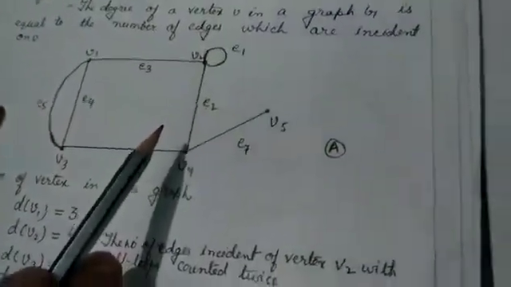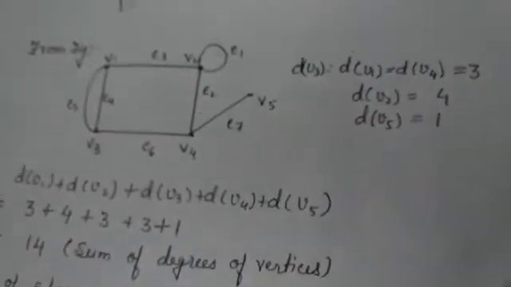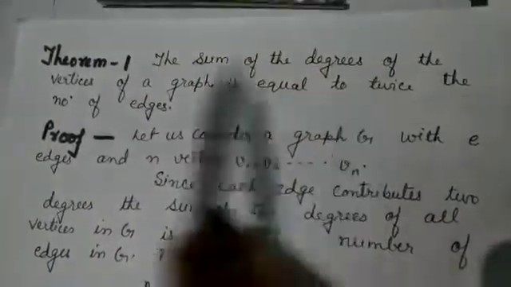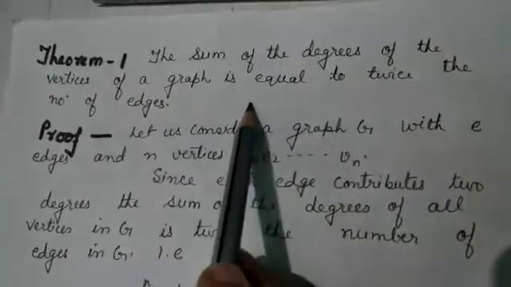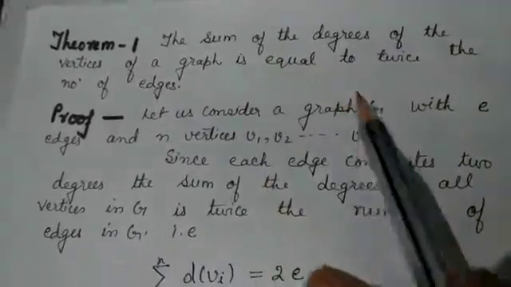So this is how we find the degree of a vertex in a graph. Now we have a theorem. The theorem says that the sum of the degrees of the vertices of a graph is equal to twice the number of edges.